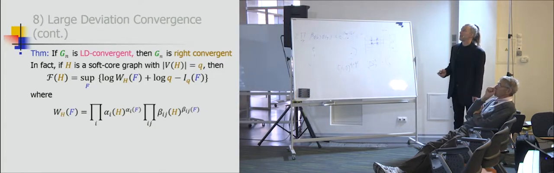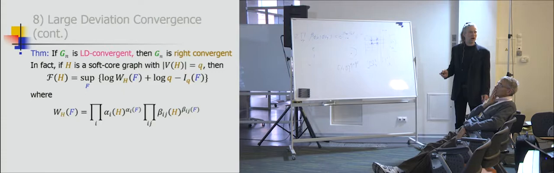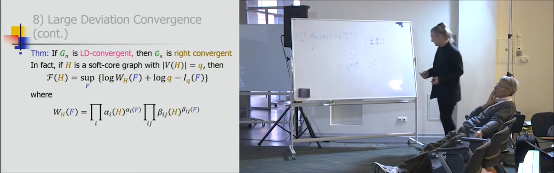Then I claim that the free energy is the supremum over all these weighted graphs F of log Q minus the large deviation rate. As I discussed before, that's the entropy. This counts how many colorings there are if you fix the side of F, that is, if you fix how many edges are red, blue, how many vertices are blue and red, and so on. Originally there was an N.